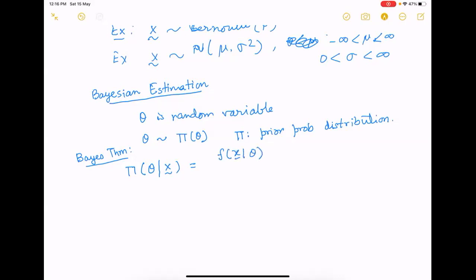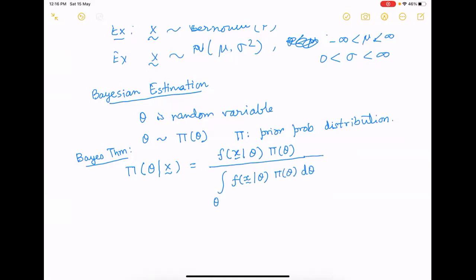I can write this using Bayes theorem: f of x tilde given theta times pi of theta, divided by the integration over theta of f of x tilde given theta times pi of theta d theta.